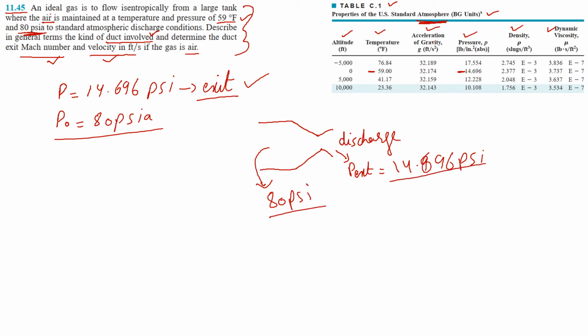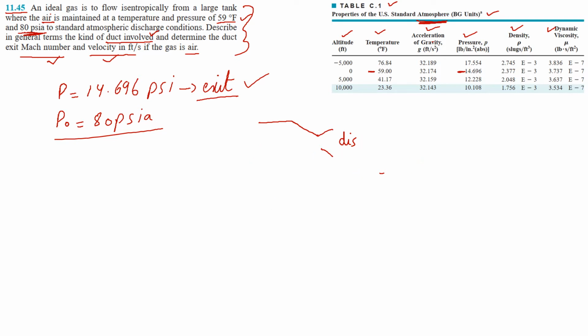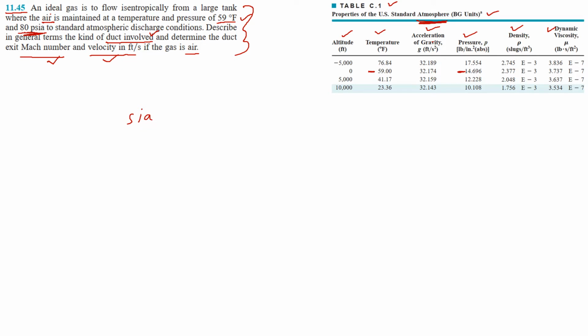We are going to take their ratio, and then use the graph that we mentioned previously in the lecture, from which we can get the values of pressure over stagnation pressure, temperature over stagnation temperature, and other values like the Mach number.